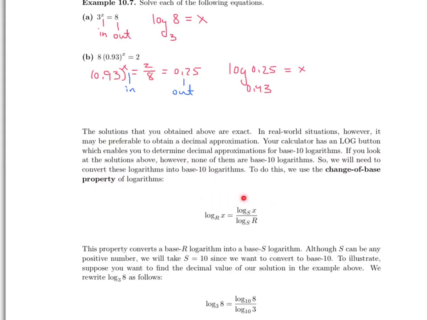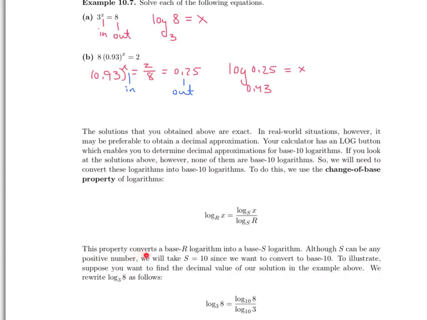The change of base property says that the logarithm base r of a number x can be calculated by using base s logarithms. I take log base s of the x value and I divide that by log base s of the old base r.